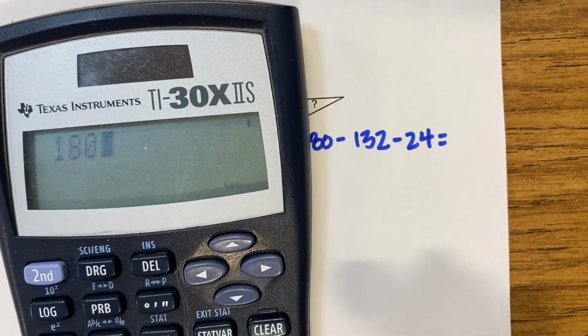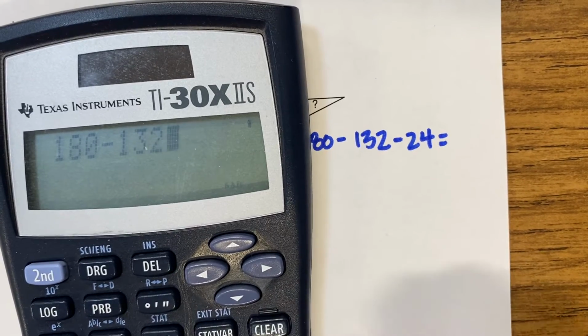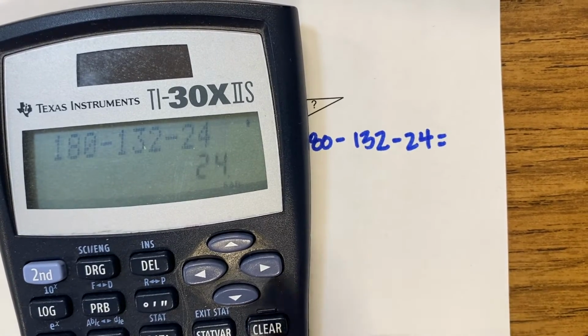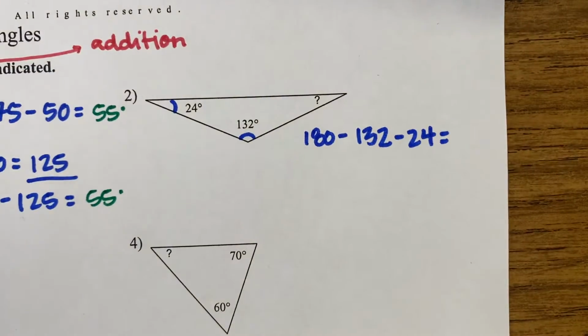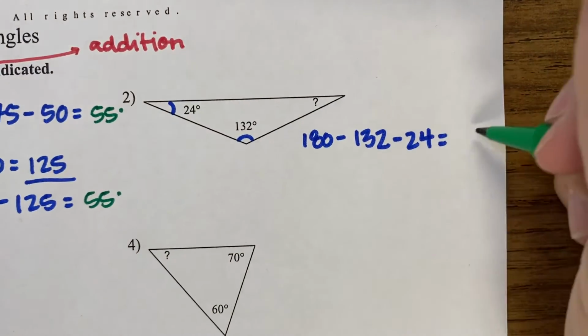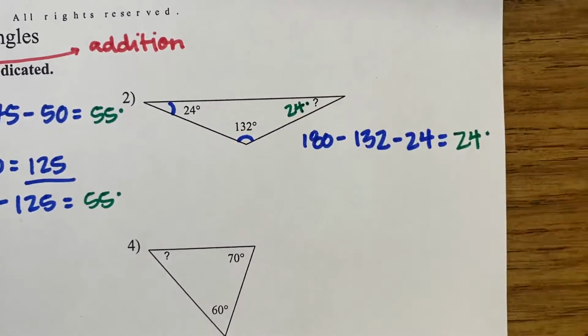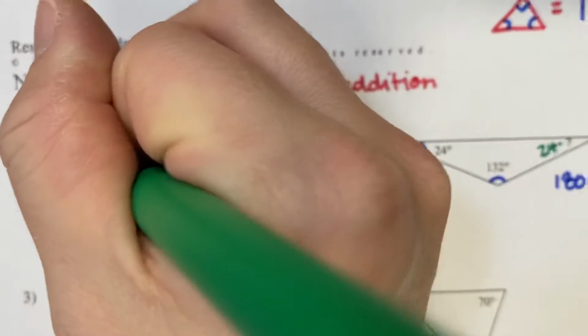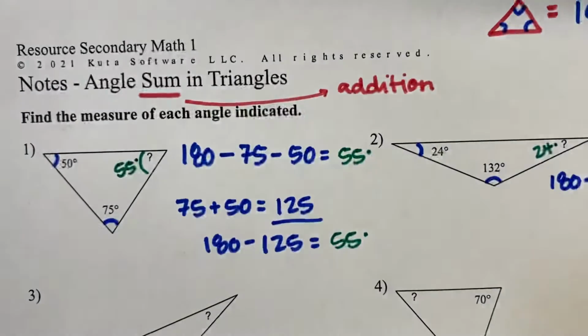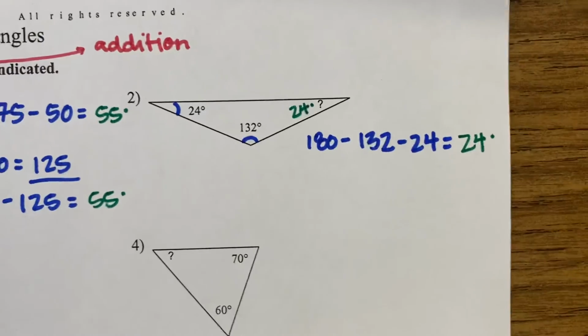So 180 minus 132 minus 24 actually gives me 24. So we know that this angle is 24 degrees. I'll go ahead and write 55 degrees for the angle that we found, and there we go.